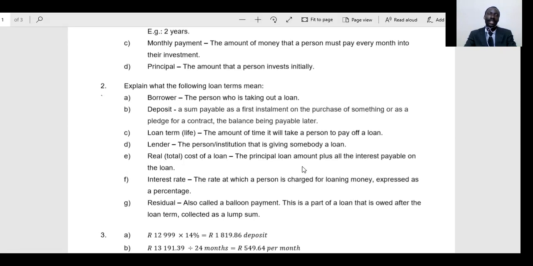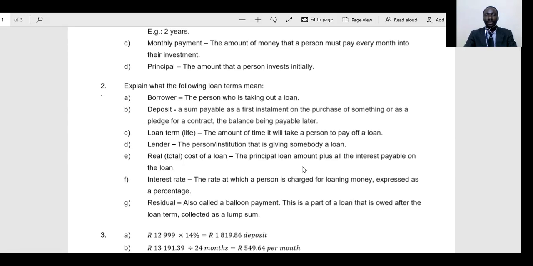The interest rate is the same as what we have just discussed, the rate at which a person is charged for loaning money, expressed as a percentage. Then lastly, what we call the residual. When we talk of the residual, this is also called the balloon payment, and it is part of a loan that is owed after loan term, collected as a lump sum.